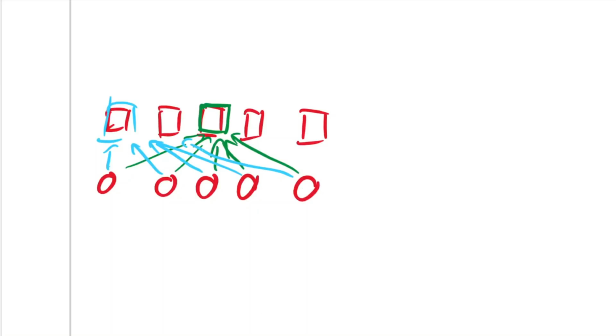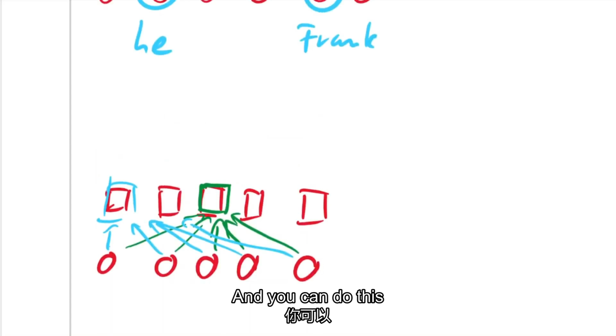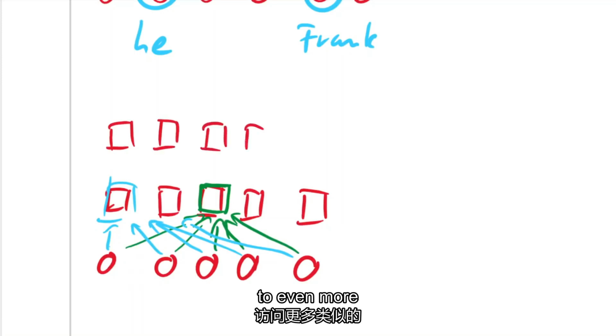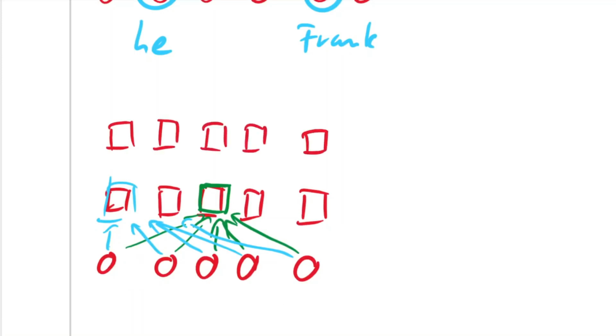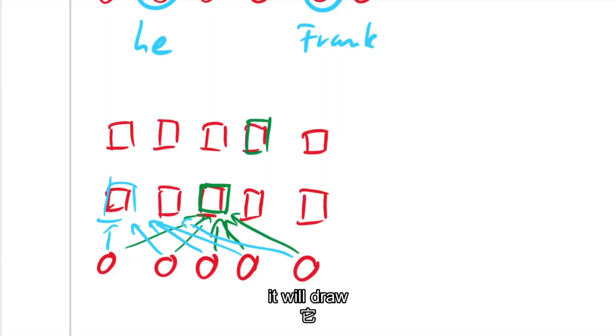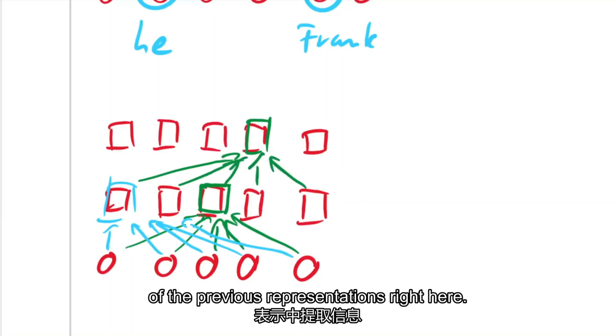Now, you need to help the transformers a bit with positional encodings, but in essence, this is a more powerful way of interpreting sequences, and you can do this in many layers. So the next layer will have access to even more. This representation right here will draw information from all of the previous representations right here.